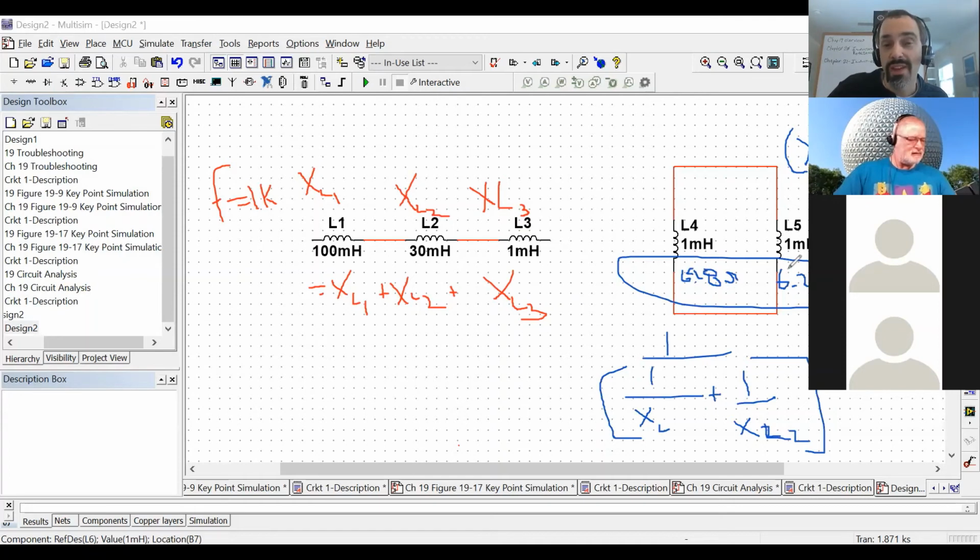If they're the same value, you could just take the number you have over here and divide by 2. So if you had 4 of these at 6.28, you divide by 4, right? But if these were different, you can't use this equation right here. You would have to use either this one or this one down here. Okay? Good job, Andy.